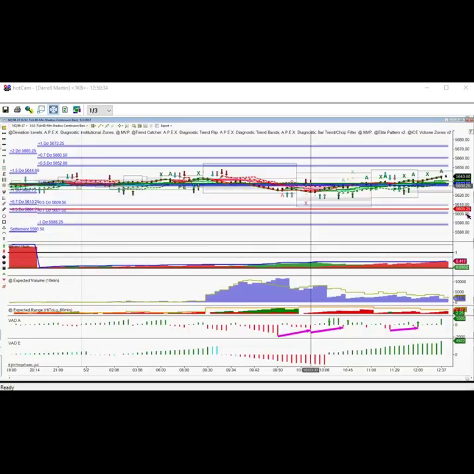So a one deviation move basically means 70% of the time the market will not move more than one deviation. There's about a 30% chance it'll exceed one deviation. Two deviations is about 95%, so there's only a 5% chance it would exceed two deviations, and only about a 0.5% chance it'll exceed three deviations.